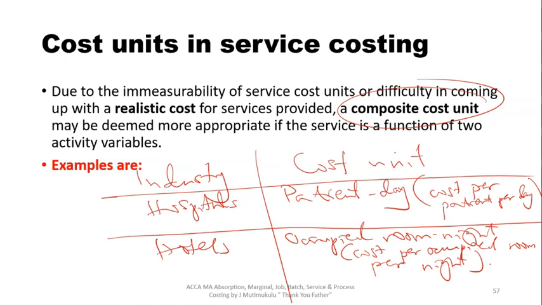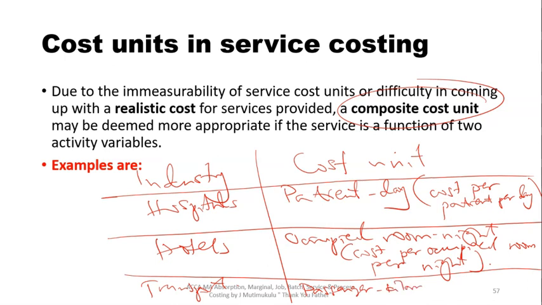What about the transport business? A transport business would usually have a composite cost unit: the passenger kilometer. Okay. Passenger kilometer, where we are saying this is the cost per passenger per kilometer. Okay.